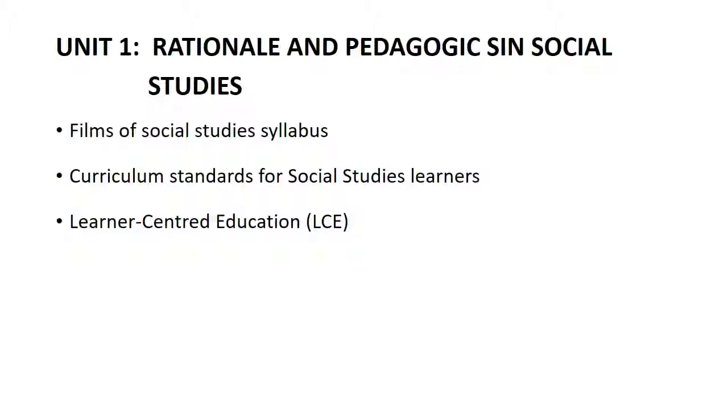The first unit that we will take a look at is Unit 1. It's about the rationale and pedagogics in social studies. The first point to focus on under this unit is the aims of the social studies syllabus.